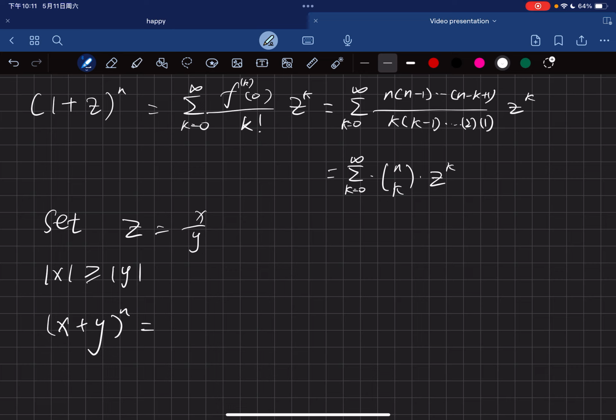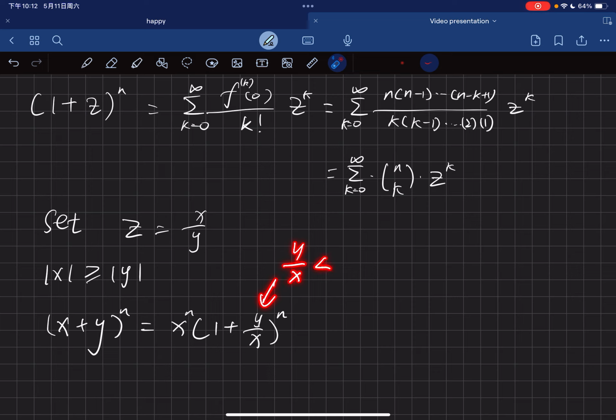So we have y over x to the power of n. In this way, y over x should be smaller than or equal to 1 to make this series convergent, so we can get the final value of the equation.